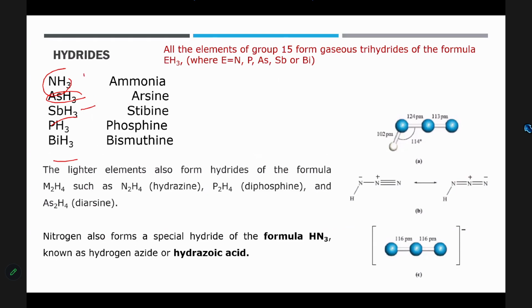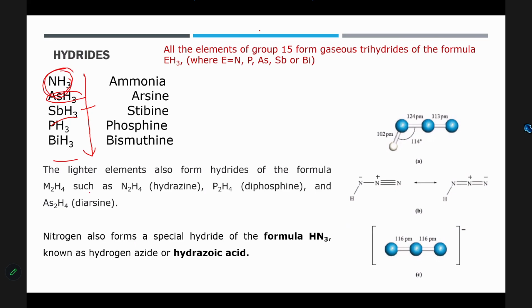Now you can tell me again, as usual, same argument and same discussion. What happens down the group, the hydride nature? Which hydride is more stable and more ionic? Automatically ammonia, right?